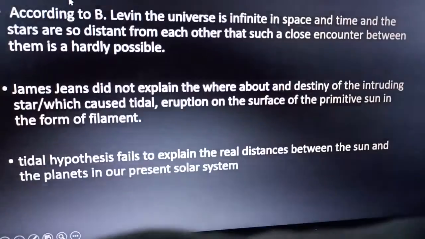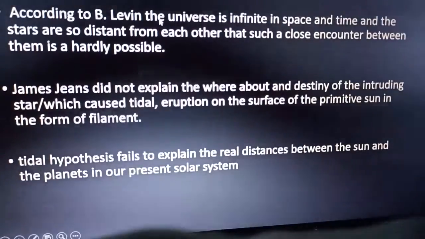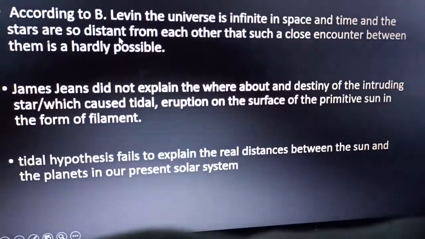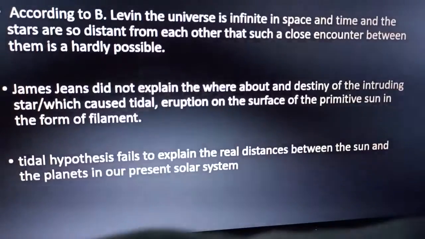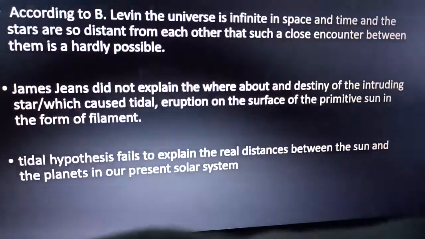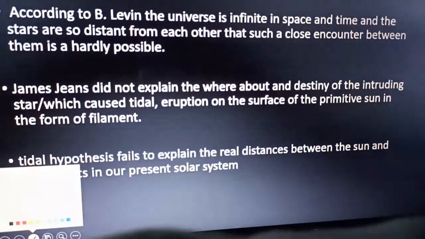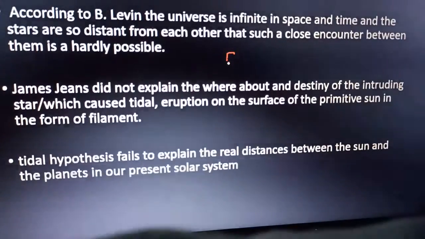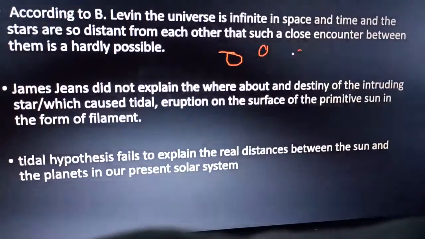First, it is said that the universe is infinite in space and time, and the stars are so distant from each other that such a close encounter between them is hardly possible. As you have seen earlier, Jeffrey said that there was a sun, a companion sun, and an intruding sun.